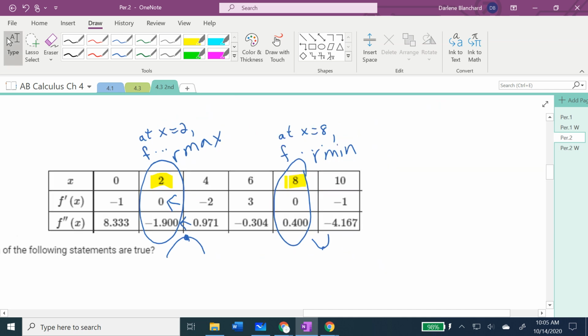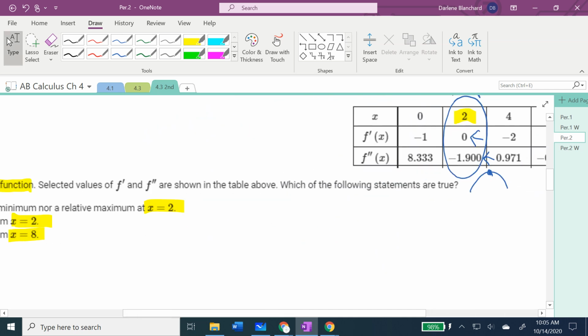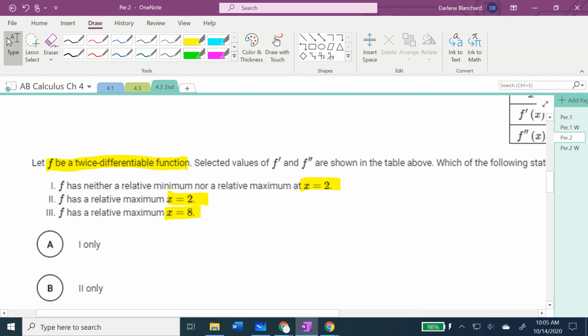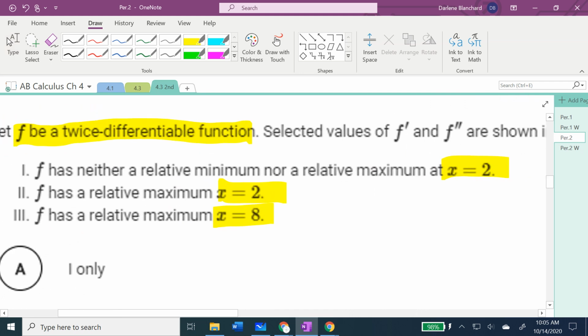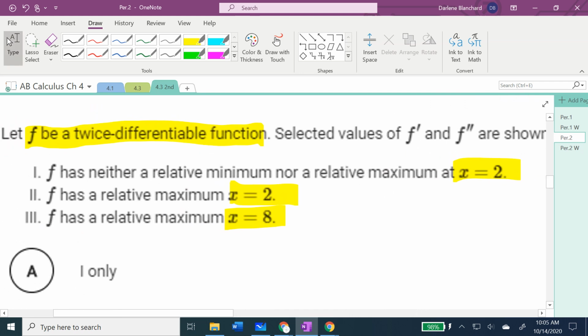Then if we go back over to what the statements were, which of the following statements must be true? What would be the correct answer? Look at it carefully. They're cruel sometimes. This says maximum, not minimum.